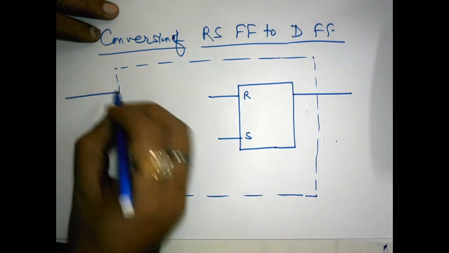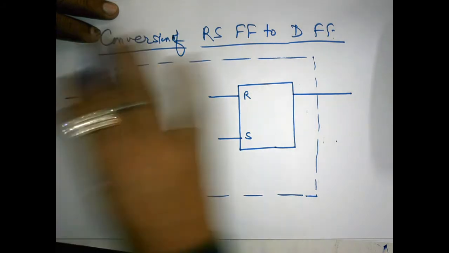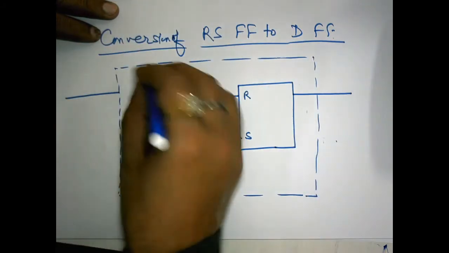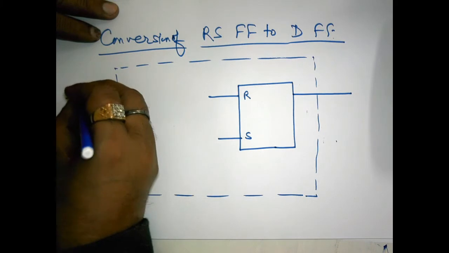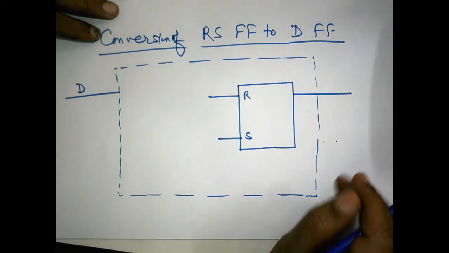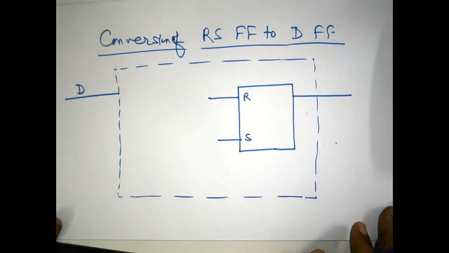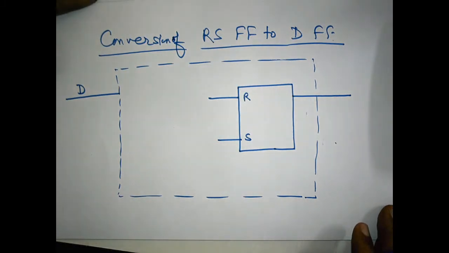Suppose inside this broken box, which is shown by this broken line, we have a D flip flop. Now, how should this RS flip flop be assembled using some combinational logic so that it behaves as a D flip flop? For this, we will make the truth table of the required flip flop, the D flip flop.